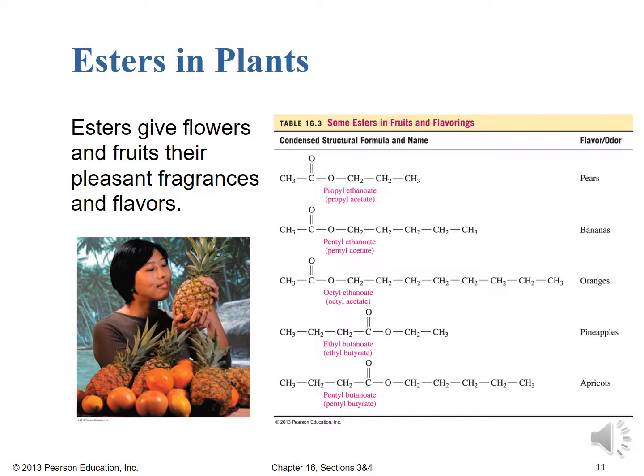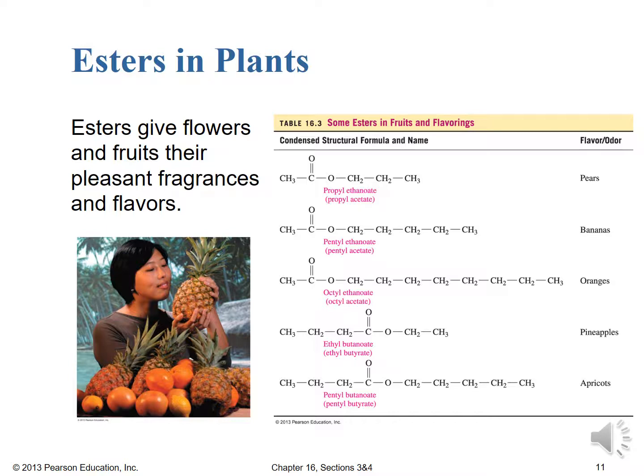If we look at pentyl ethanoate instead of propyl ethanoate, so we've added 2 carbons to what was formerly the alcohol, we now have, instead of pears, bananas. If we go up even further yet to octyl ethanoate or octyl acetate, we have the odor or flavor of oranges.